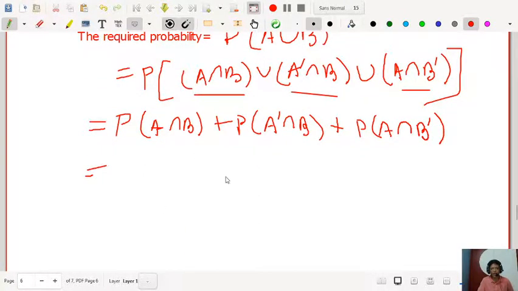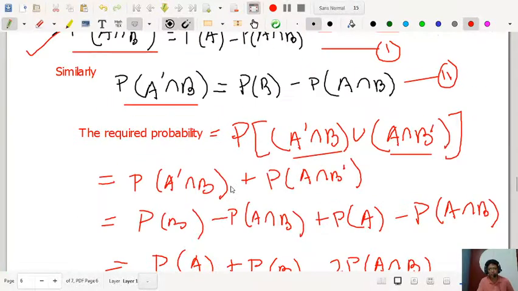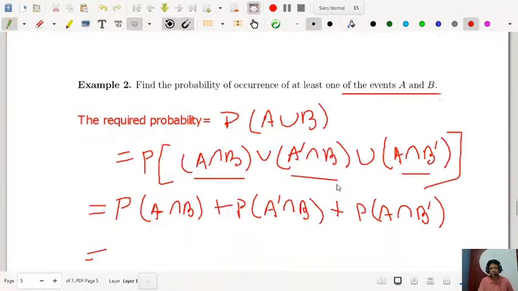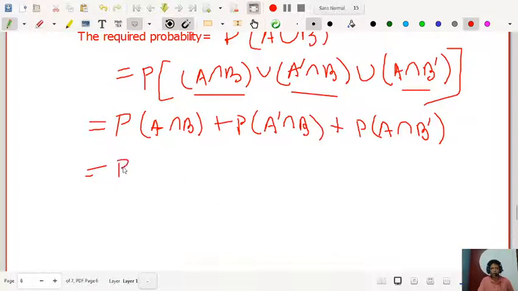And using relations 1 and 2 from the previous result, let us use them in this case. So what is that?